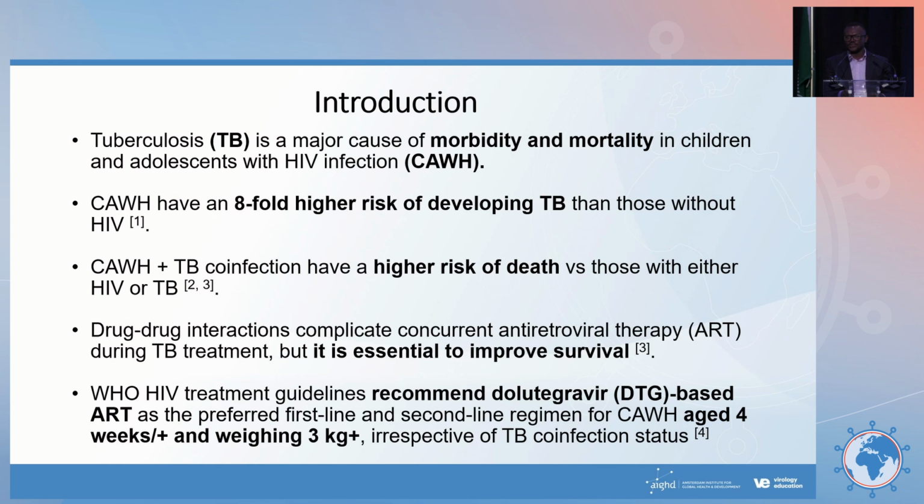And though there are drug-drug interactions, ART is very essential to improve survival in children with HIV. WHO now recommends Dolutegravir-based ART as first and second line regimen for children with HIV, weighing at least 3 kilograms and 4 weeks of age, irrespective of TB co-infection status.